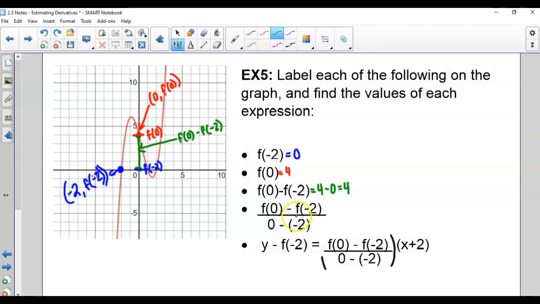Okay. Now you can see that I've got f of 0 minus f of -2 over 0 minus -2. And hopefully by now you're recognizing this as the slope formula.